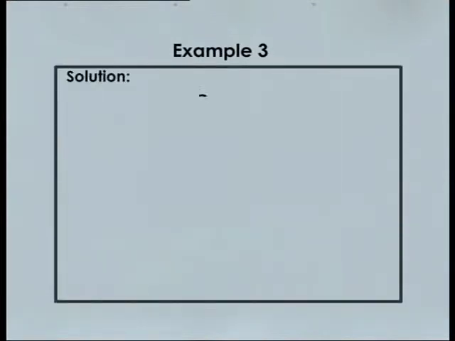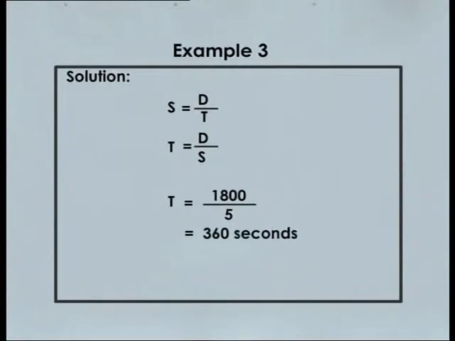Solution. s equals d over t. t equals d over s. t equals 1,800 over 5 equals 360 seconds equals 360 over 60 equals 6 minutes.